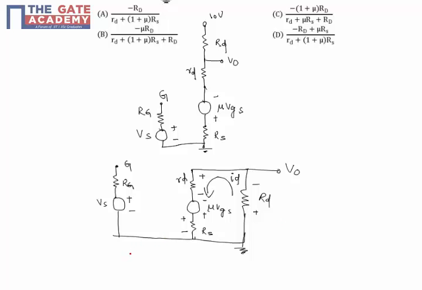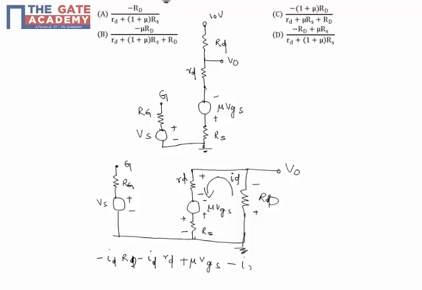So when I write KVL here, this will become minus ID into RD, minus ID into, sorry, this is capital D, minus ID into RD plus mu into VGS, because this is rising minus to plus, and this is minus because this is going from plus to minus.